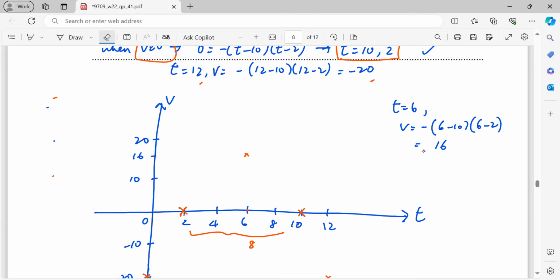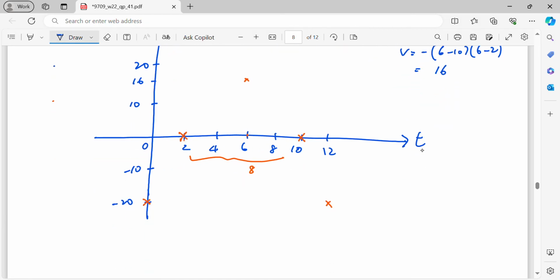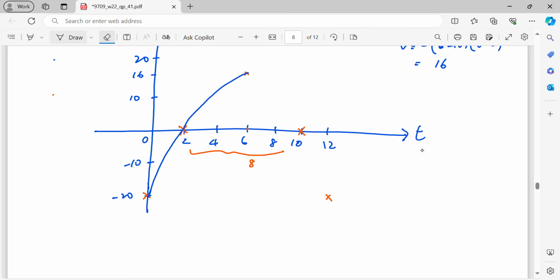Okay, then now just join the points to get the quadratic curve. So this is my velocity time graph.